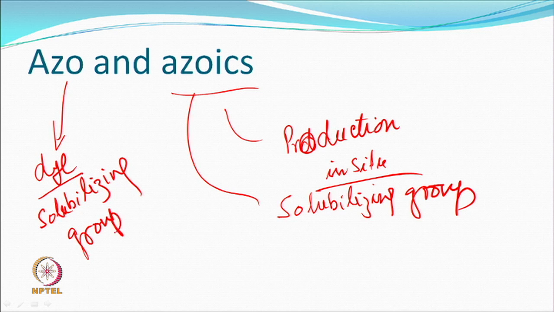If you do not have one, then it is going to become like a pigment or a dispersed dye. Dispersed dye also may have some ionic groups, like OH or some such groups, which would make solubility less, but not 0.